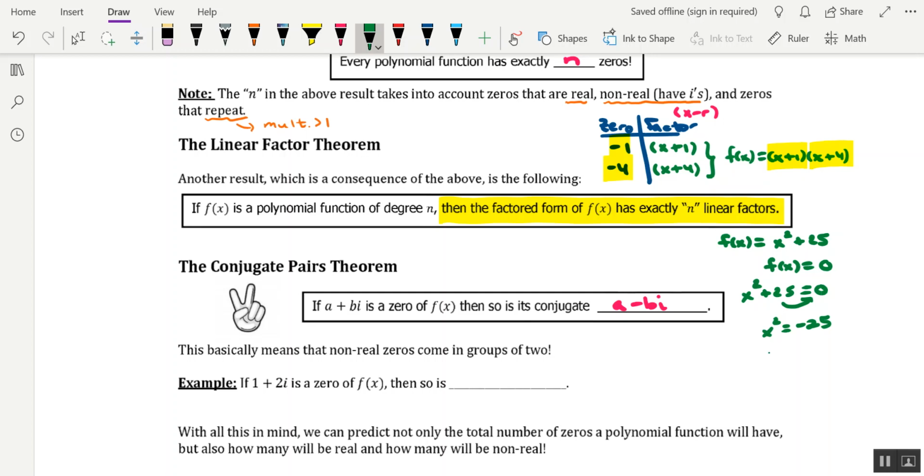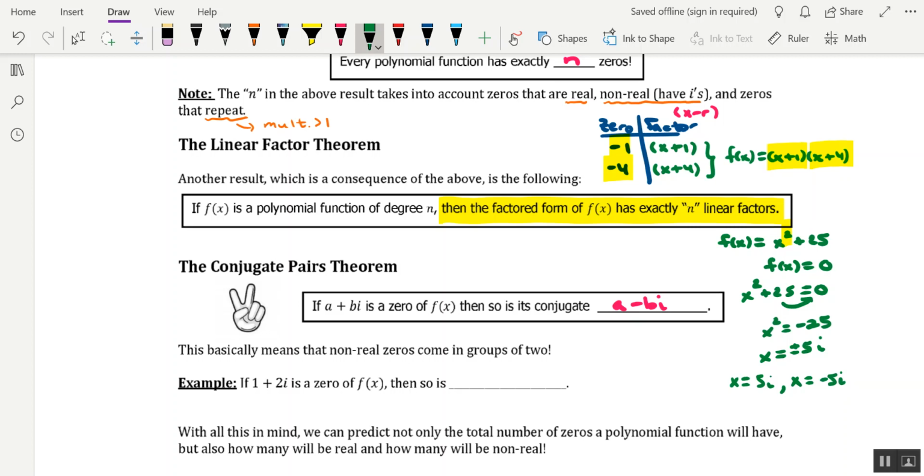And taking the plus or minus square root of the right-hand side, we get two answers for x: positive and negative 5i. So there are two zeros, as we would suspect, because this polynomial function has a degree of 2. Both of the zeros are non-real, they include i's. One of the zeros is 5i, and the other zero is -5i.